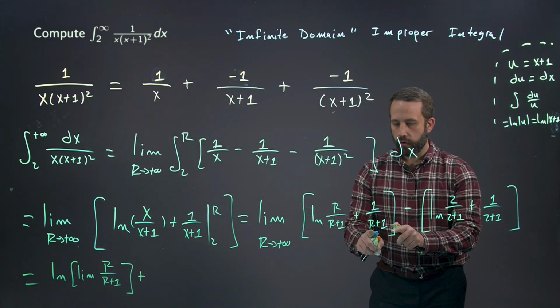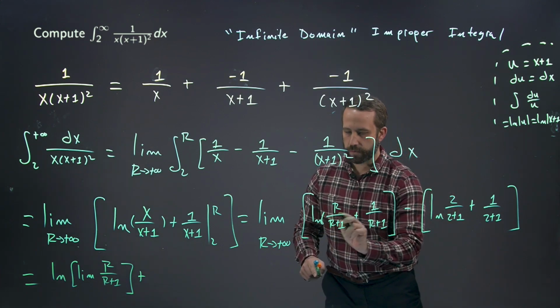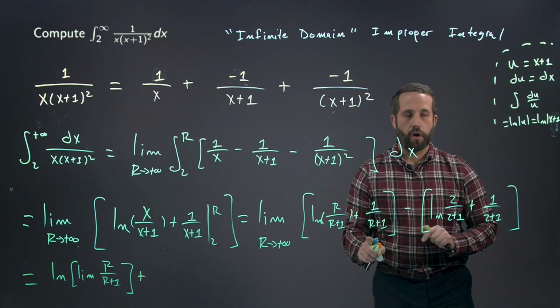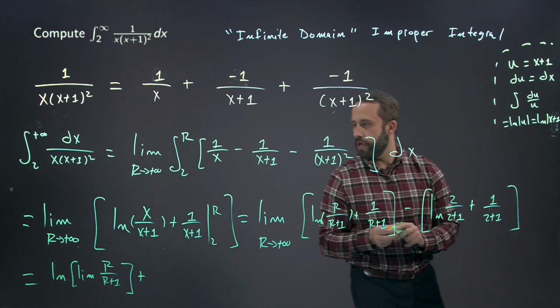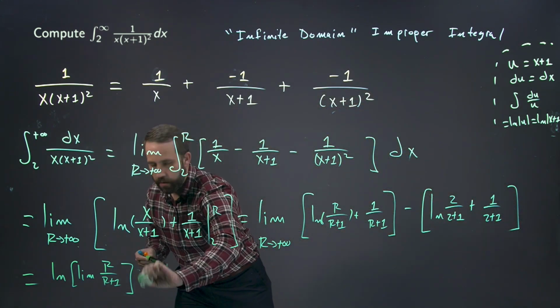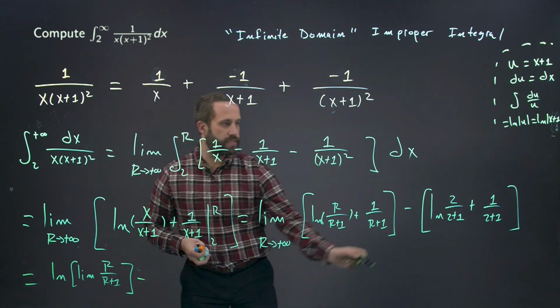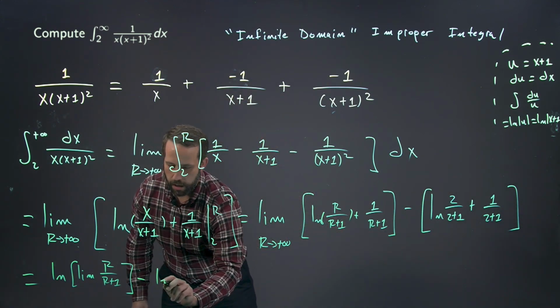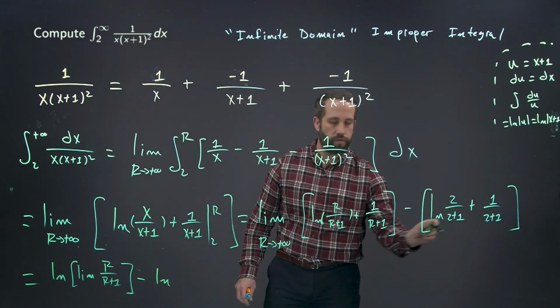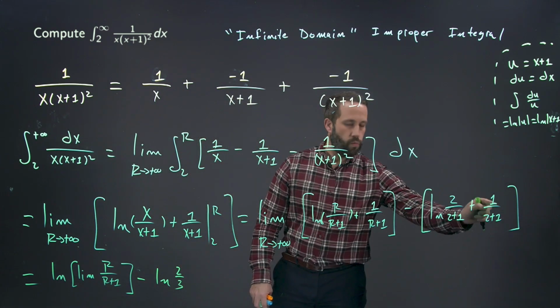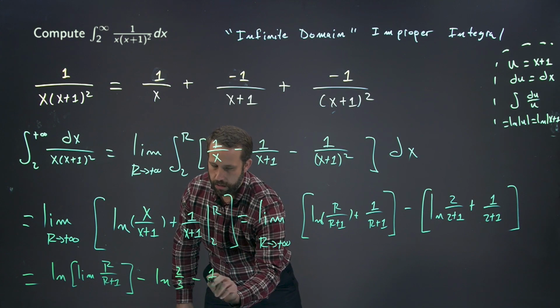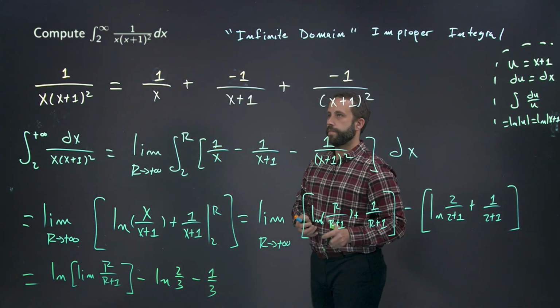If I look at 1 over r plus 1, as r goes to infinity, 1 over r plus 1 goes to 0, so that's going to be equal to 0. And then minus is going to be the natural log of 2 over 3, so that's minus the natural log of 2/3, and then 1/3 minus 1/3.